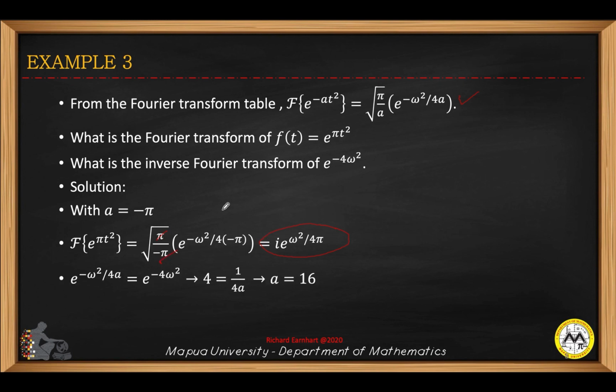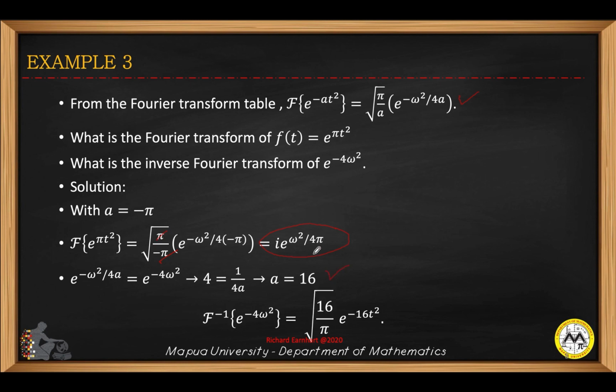For the inverse transform, e to the negative omega squared over 4a, we equate that to e to the negative 4 omega squared. Then 4 is equal to 1 over 4a, giving you a equals 1 over 16.